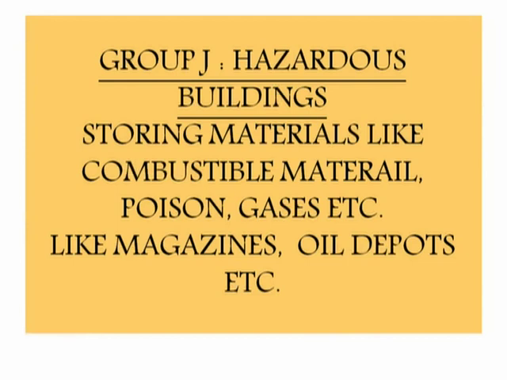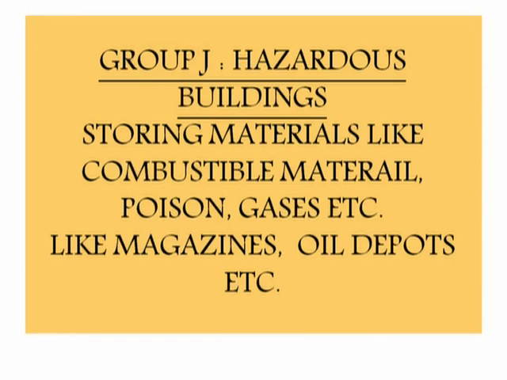The next category of building we are going to discuss is the group J, that is the hazardous building. There are many different buildings which store highly inflammable material, like the oil depots. Oil depots store large quantities of material which is highly inflammable.